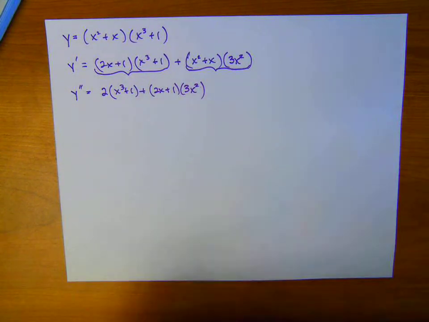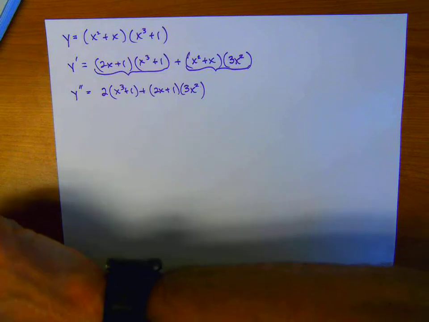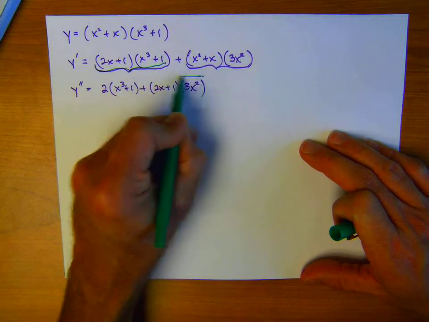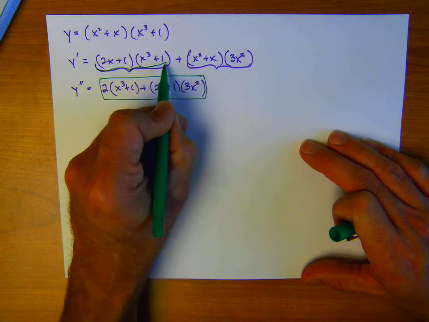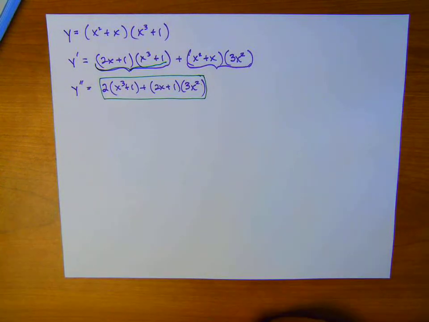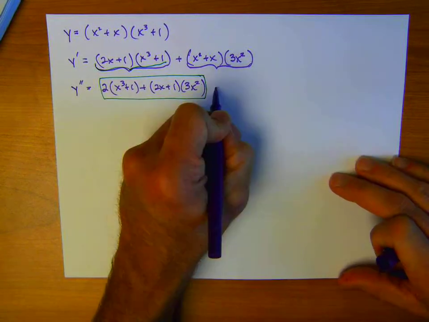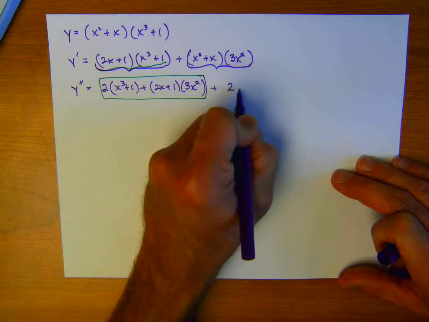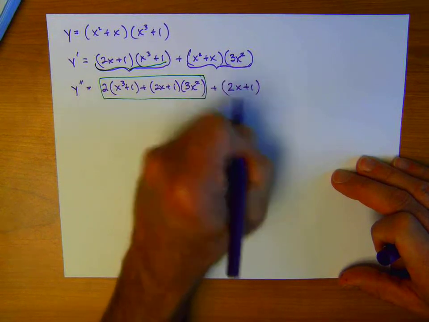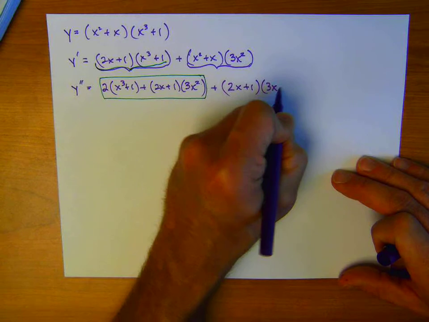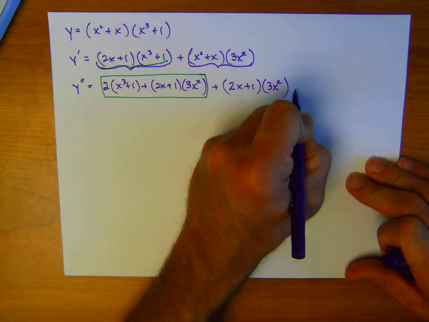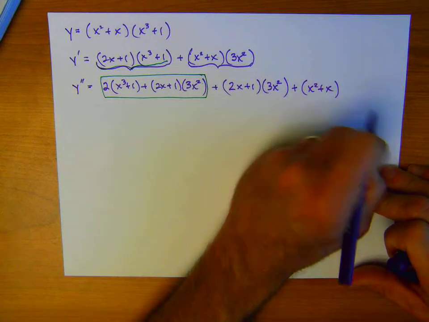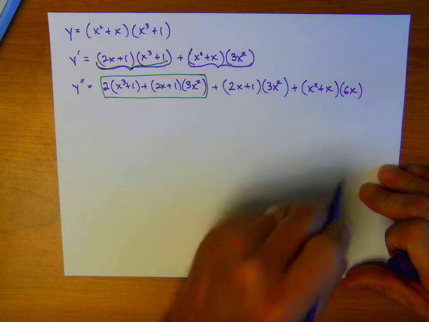All right, so just changing colors to make it clear, this right here is the derivative of the first part. And then for the second part, we use the product rule again. So I have the derivative of the first part, which is 2x plus 1, times the second, which is 3x squared, plus the first, which is x squared plus x, times the derivative of the second, which is 6x.